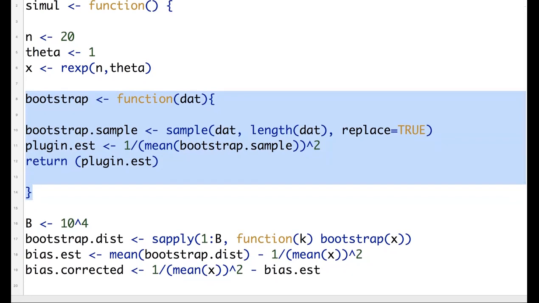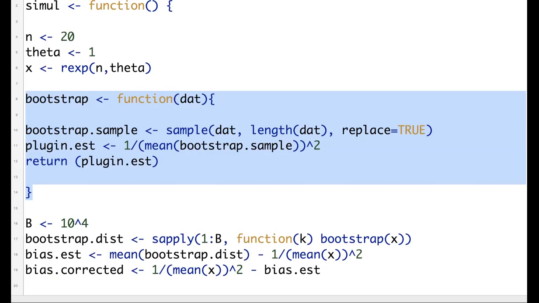Then after that, I create the bootstrap distribution by repeatedly resampling. I put X inside here, and then I resample and compute the statistic, which is 1 over the mean of the bootstrap sample squared. This is your plug-in estimator in this case.